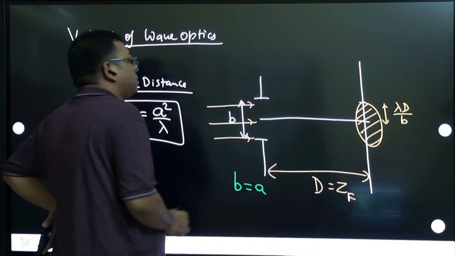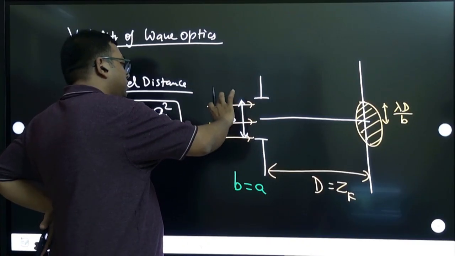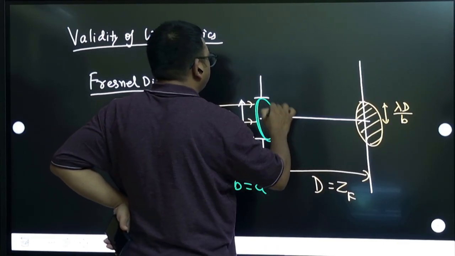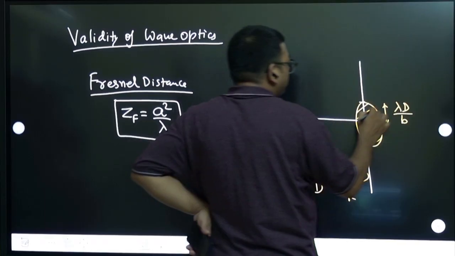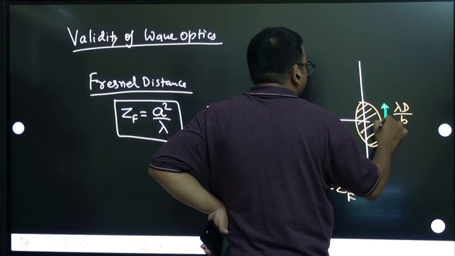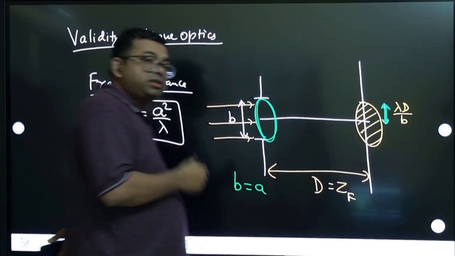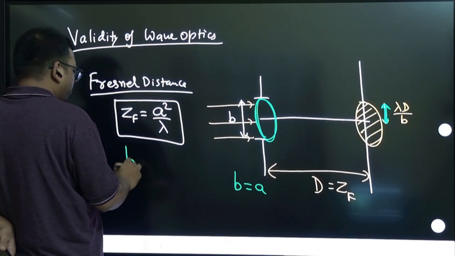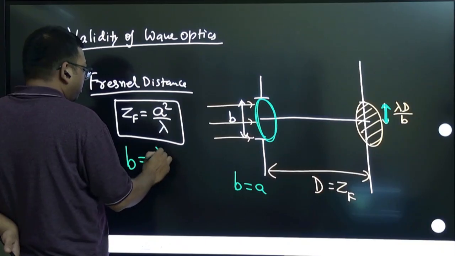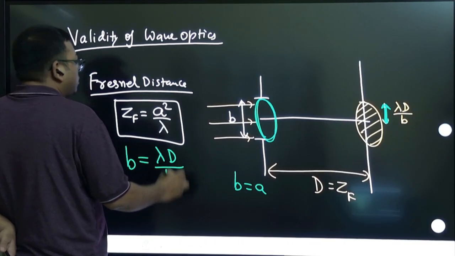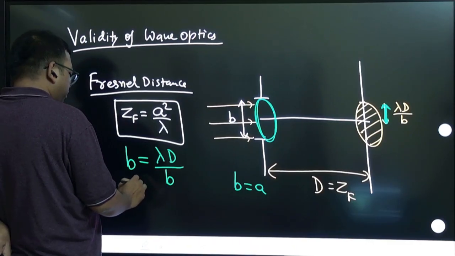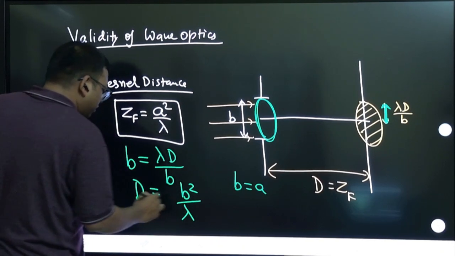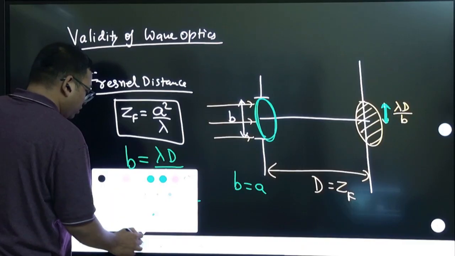If this aperture opening becomes equal to the spreading, lambda d by b, then what will be d? d becomes b square by lambda. This d is what is called the Fresnel distance.